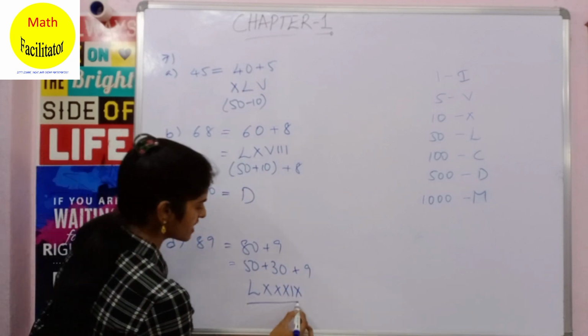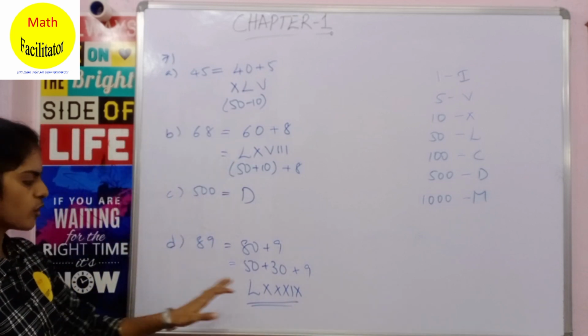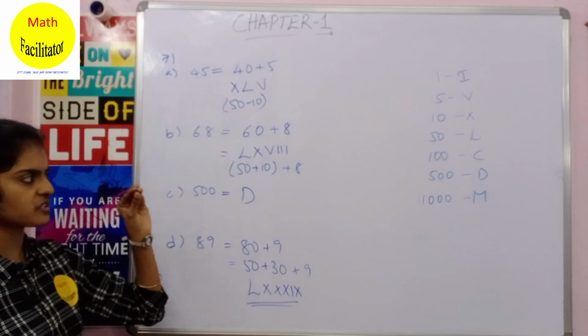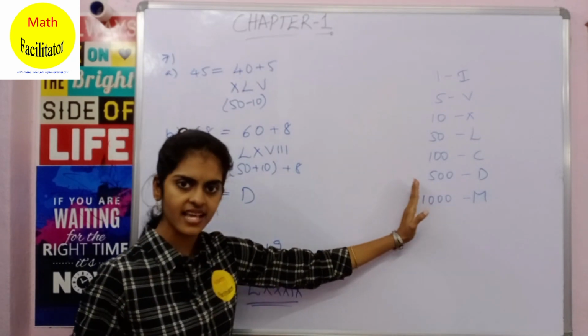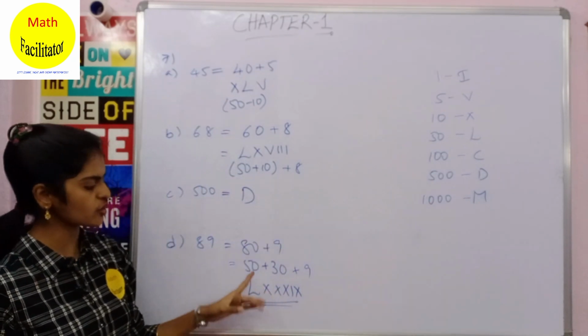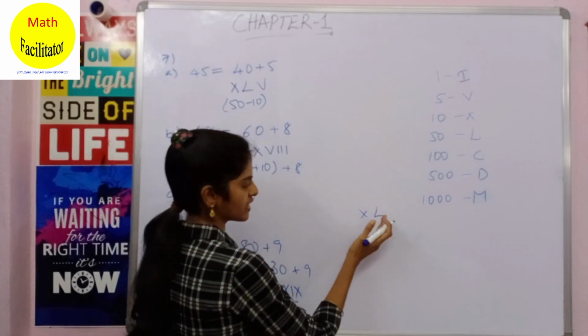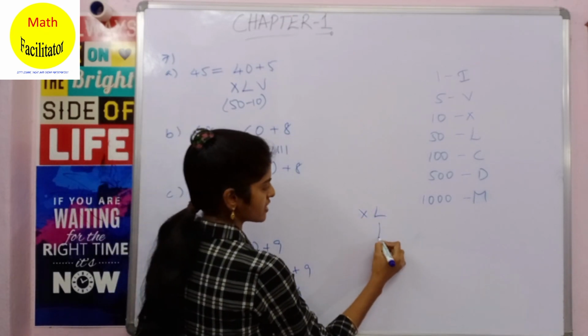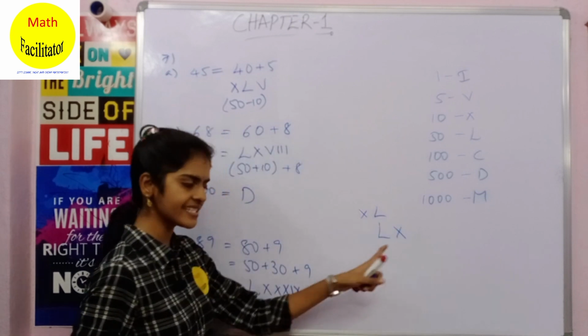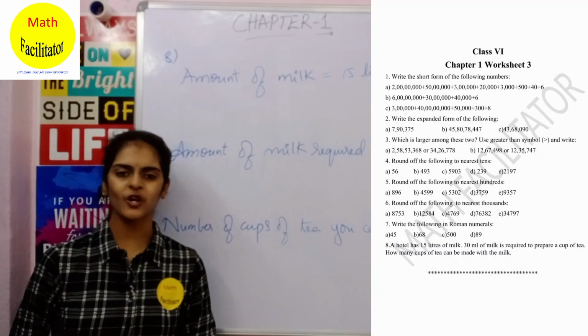So in this way you can simply write Roman numerals for the given numbers. You have to just remember these basic things and the rule is that any letter should not be repeated more than 3 times, and if a smaller value letter is written to the left, it is subtracted. If a smaller value letter is written to the right, it is added. Very simple rules.